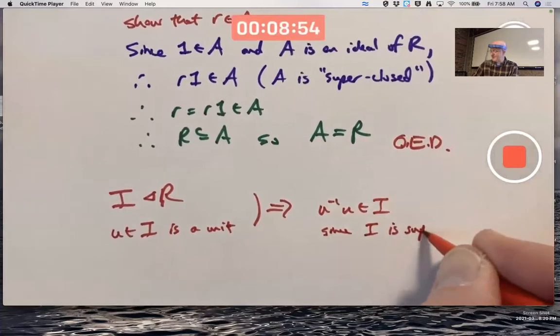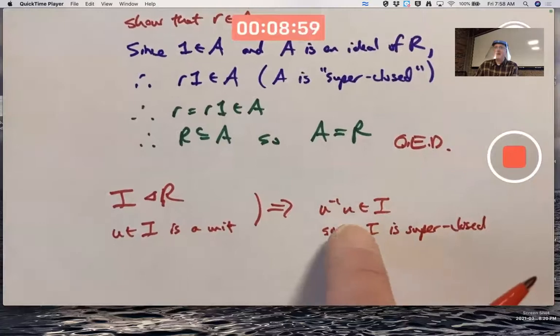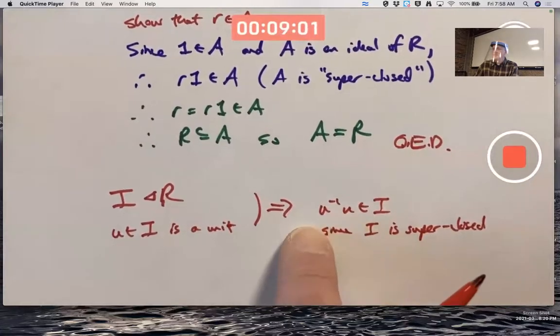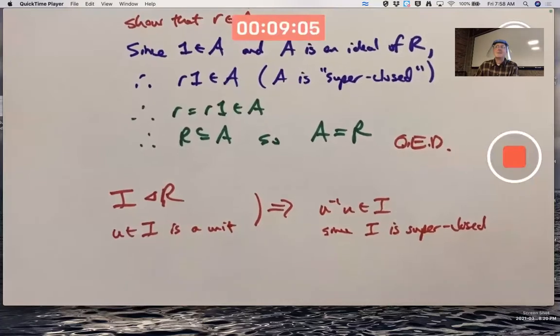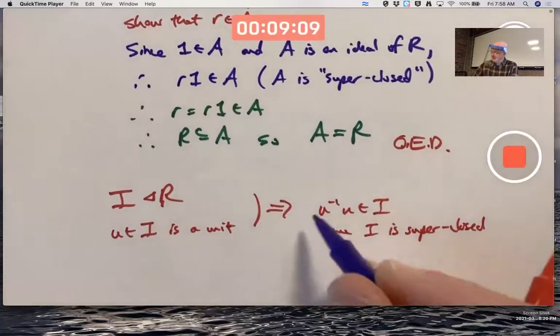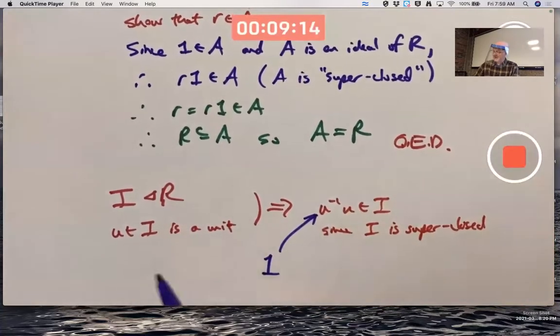But you don't have to use the assumption that U inverse is in I. You can say, hey, I've got something in I, U, times something in the ring, which does exist because I'm assuming U is a unit. Therefore, the product's got to be in I, but hey, that product is the unity, 1. Now apply number 15.